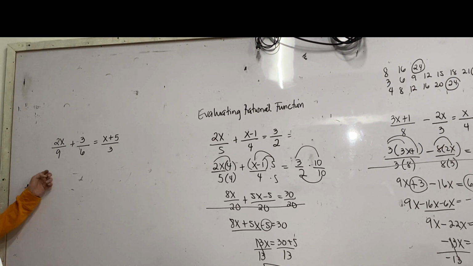Saan mag-limit yung 9, 6, 3? Sa 18. Kasi 9 times 2, 18. 6, 12, 18. 3, 6, 9, 12, 15, 18. Kaya mag-limit daw sila sa 18. Gawin nyo na.